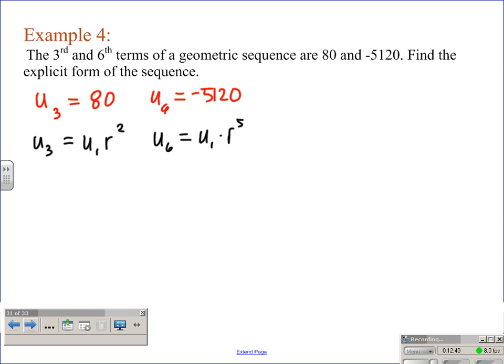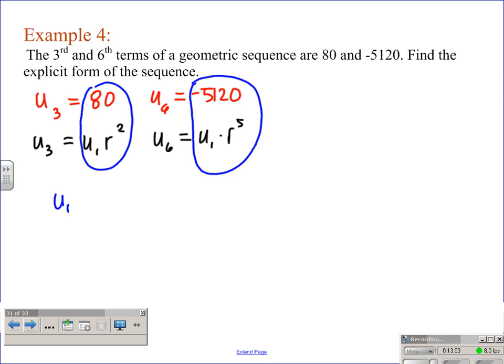Now, once I have that, I've got two different forms of the third term, and then I've got two different forms of my sixth term. So then that means I can write two equations here, or I could write a ratio, similar to what I've done in one of the other examples.